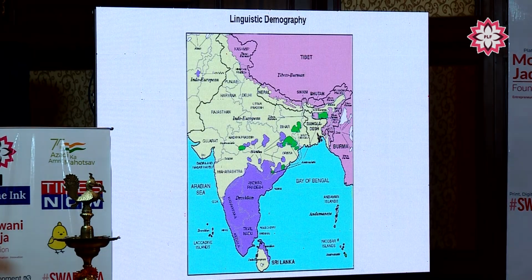This is the linguistic demography of the Indian subcontinent. We majorly speak the Indo-European language, but I prefer to use Indo-Iranian language family, then the Dravidian language family groups, and in this pocket you can see the Austro-Asiatic groups, and the fourth language family that we call Tibeto-Burman, as all the highlanders and Himalayan range populations speak Tibeto-Burman language family groups.